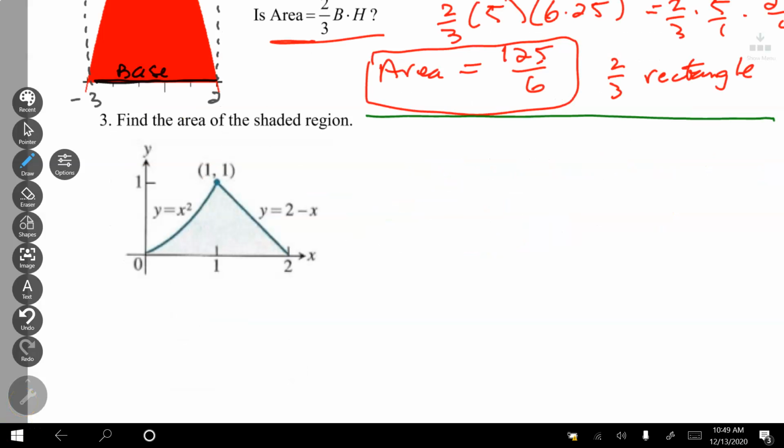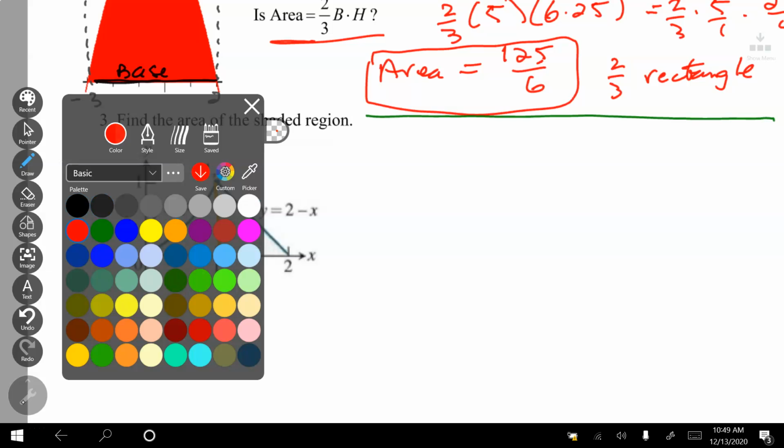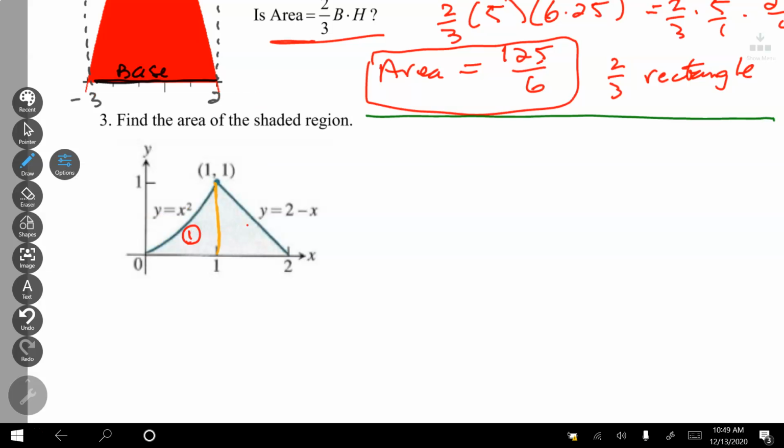Okay, so now I want to find the shaded region here. I notice I have two curves, split in half. I have region 1 and region 2. So the total area is equal to region 1 plus region 2.